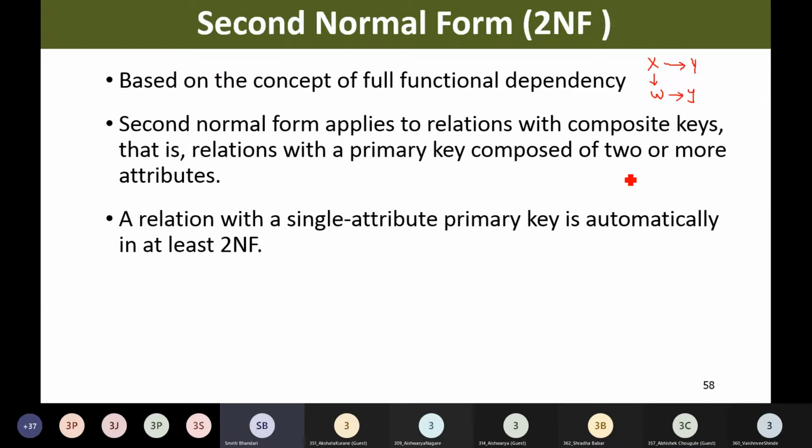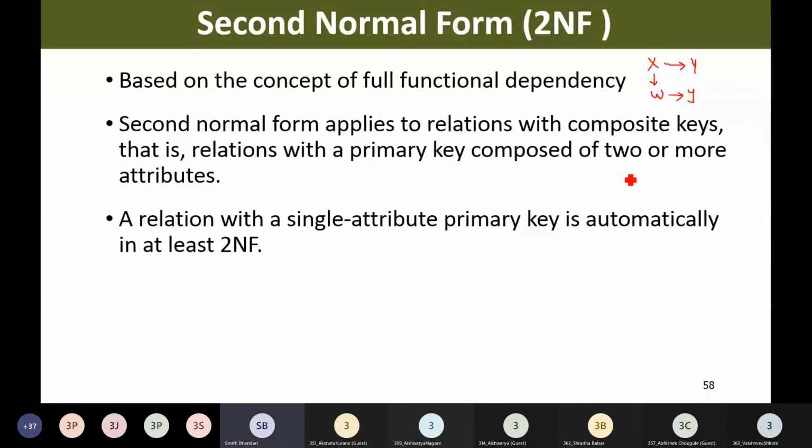If the relation has a primary key of a single attribute, then obviously we may say that the relation is in 2NF, at least in 2NF. So we are assuming now that every relation that we are talking about is already in 1NF. And if a relation is in 1NF and has a primary key comprising a single attribute, then obviously that relation must be in 2NF.